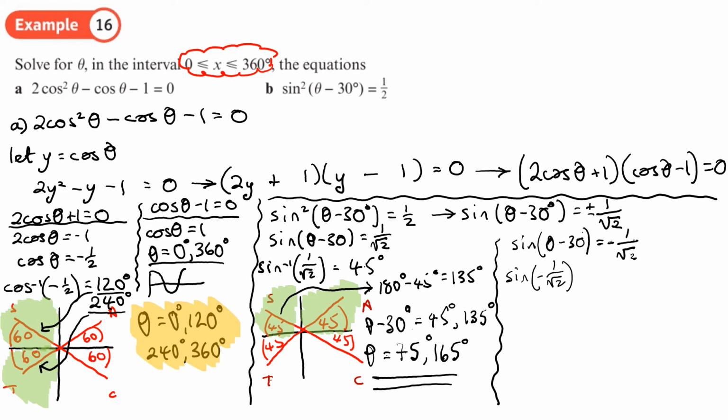What does that give us? Sine inverse negative 1 over root 2, and we get negative 45. Right, let's see if there are any other solutions. So negative 45 is going to be down here.